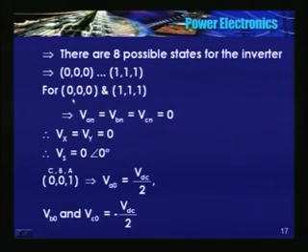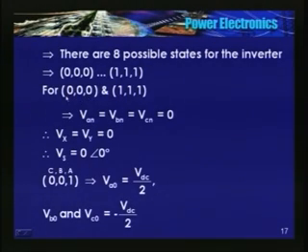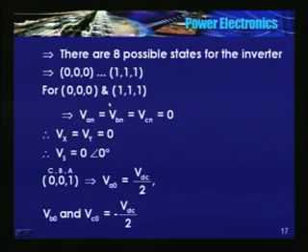Now what happens when all 3 are on or all 3 are off? When upper 3 switches are off, lower 3 switches are on. Therefore, point A, point B and point C are connected to the negative DC bus.